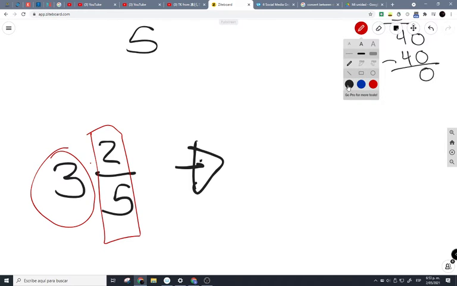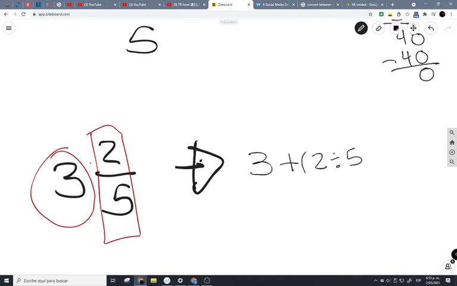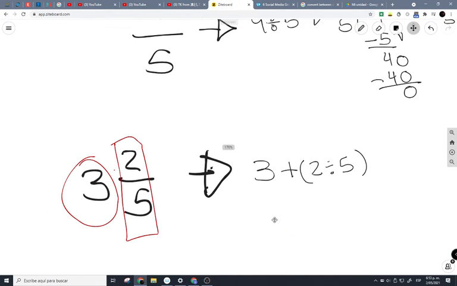So we can think that the result is going to be 3 plus 2/5, but 2/5 in decimal is 2 divided by 5. So we have to make the division of 2 divided by 5, and then we add it to the 3, but it's going to be really easy.